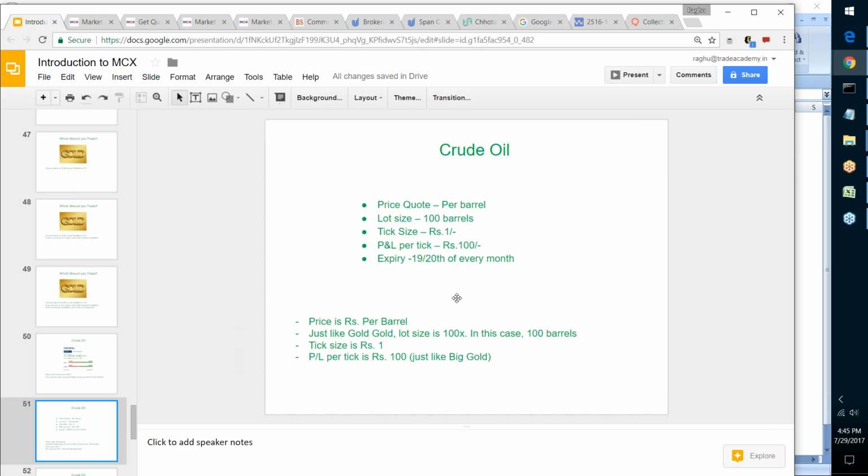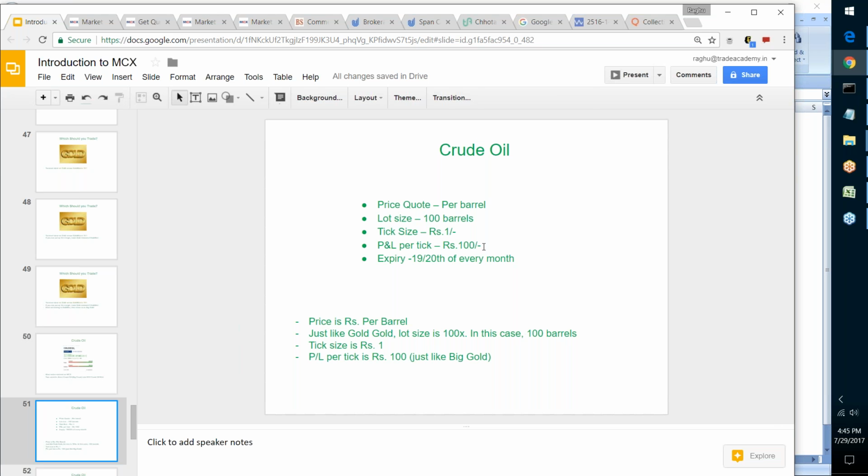And the price is quoted in terms of per barrel. Just like in gold, you're buying 1 kilogram, similarly in crude oil, you're buying 100 barrels. And just like in gold, 1 tick is 1 rupee, similarly here the tick size is 1 rupee as well.